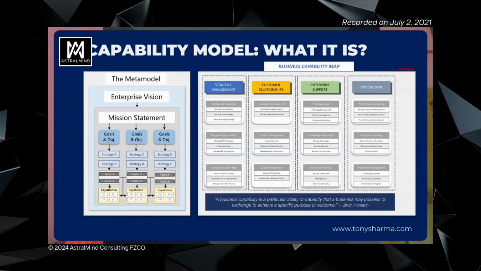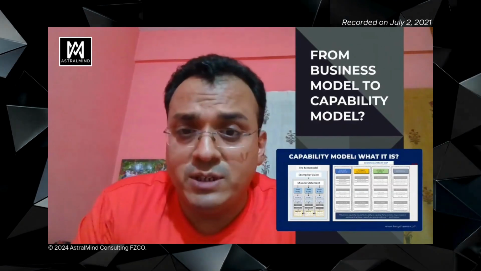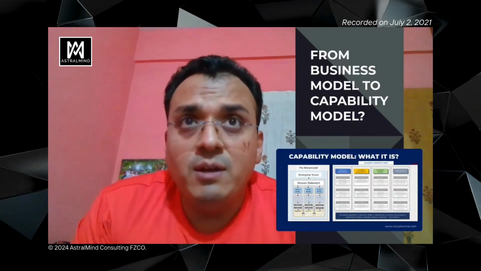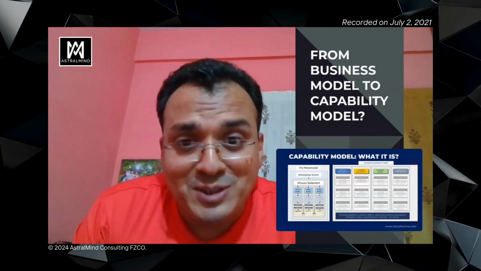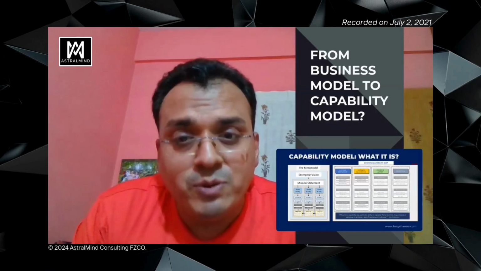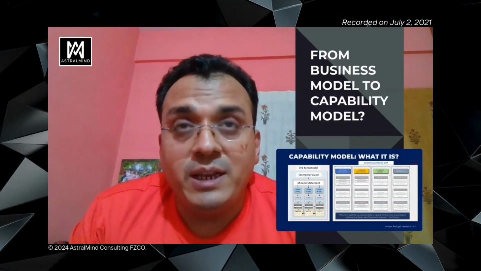Now, many times there are different reasons involved, and many times we get impressed by factors other than the core of the business. That's where a capability model, just like the example you have seen here, helps.